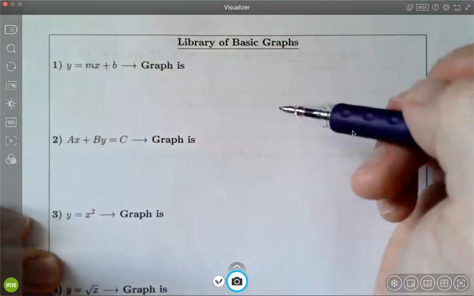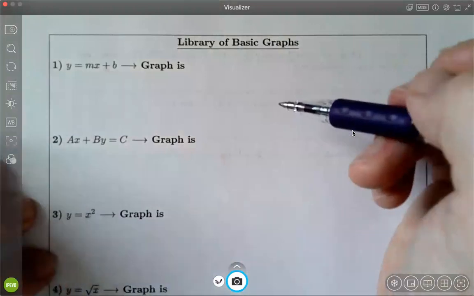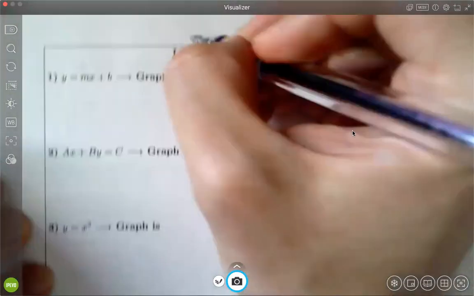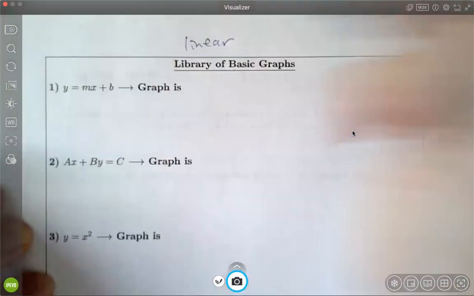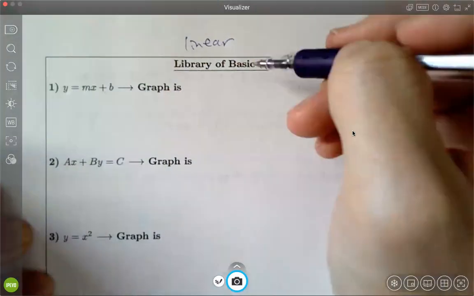So the word linear comes from which graph? What kind of graph? Linear. Is it a line? Line, yes.